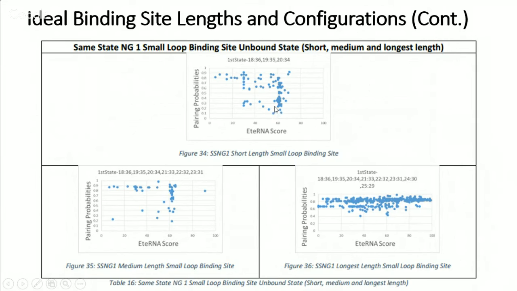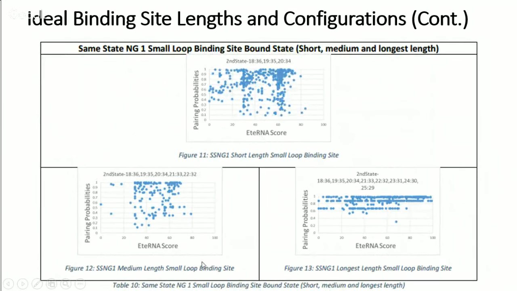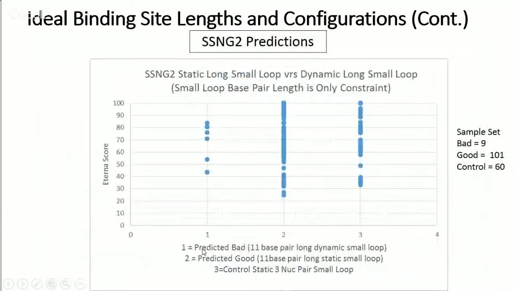There's that much more variation, so this is much more per analysis. And you have the same thing going on in the bound state as previously, with not very many designs doing 4 in the long one, and everything else 80 or less in the short and medium length.